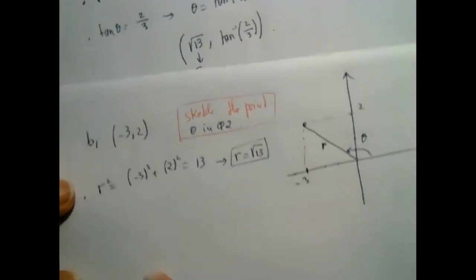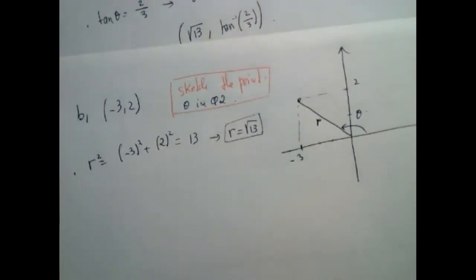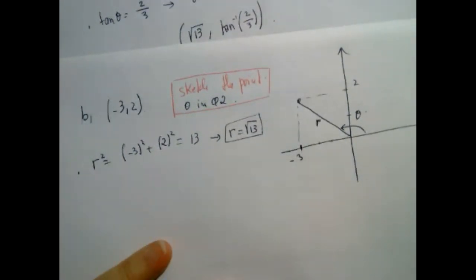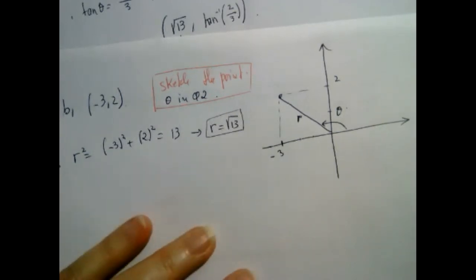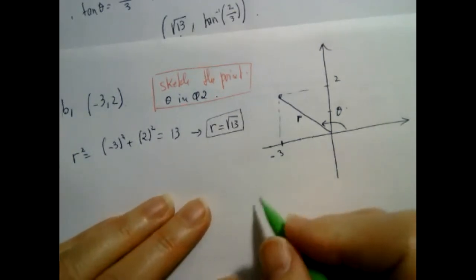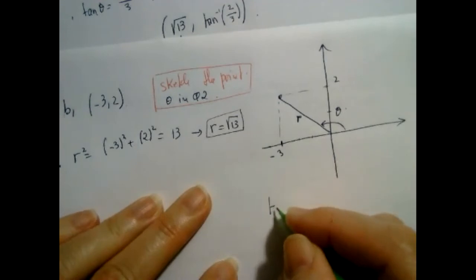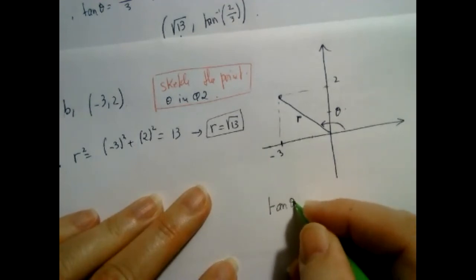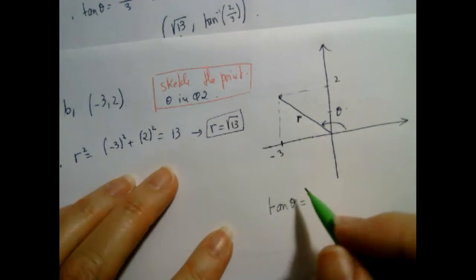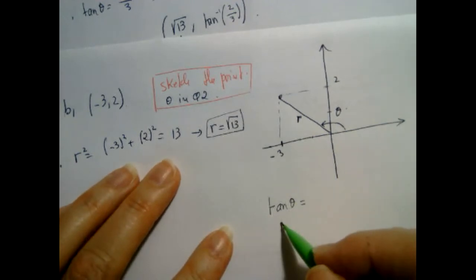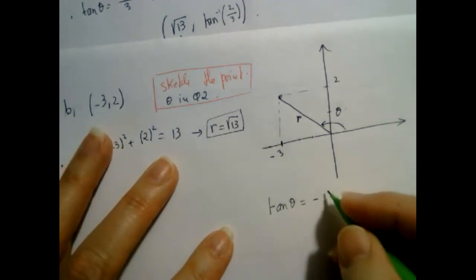And now the theta. Before you write it, let's talk about what's happening with theta. Let us use tangent theta, since that's what you guys are telling me. Tangent theta is y over x, so tangent theta is minus 2/3.